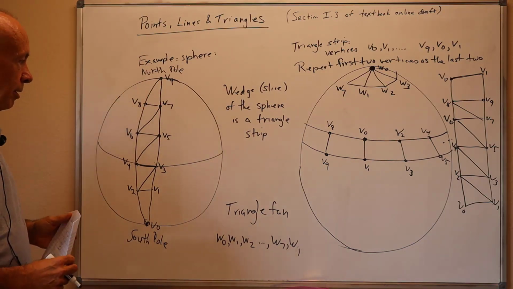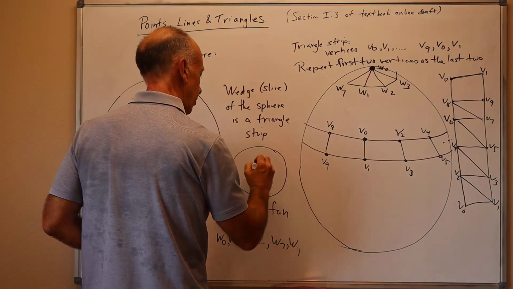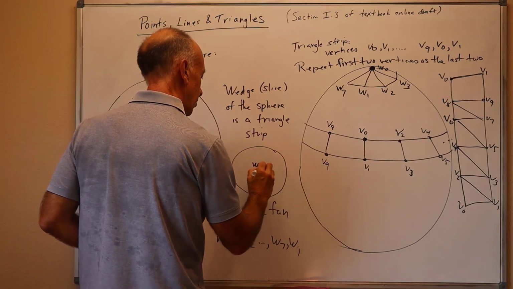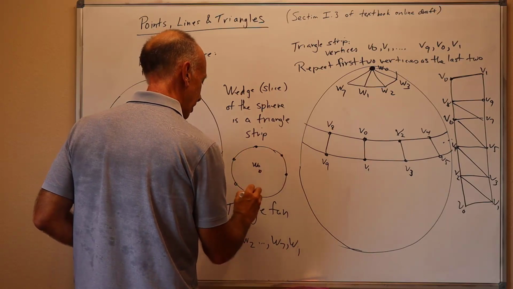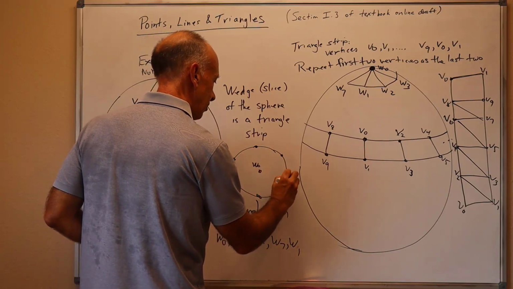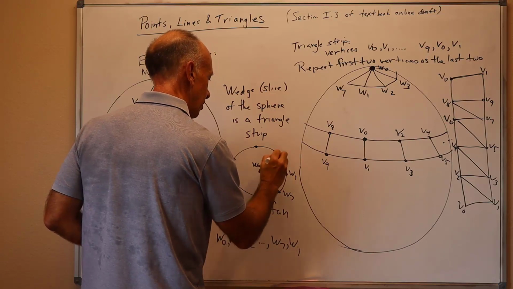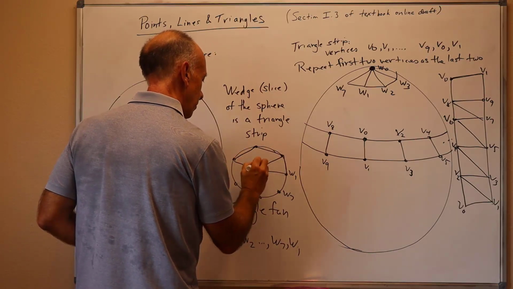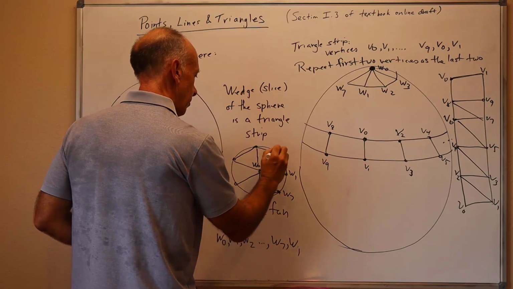So this would end up making, if you had a top view here, a closed loop with W0 in the middle, 1, 2, 3, 4, 5, 6, 7. So here's W1 through W7, and it would form all these triangles here.